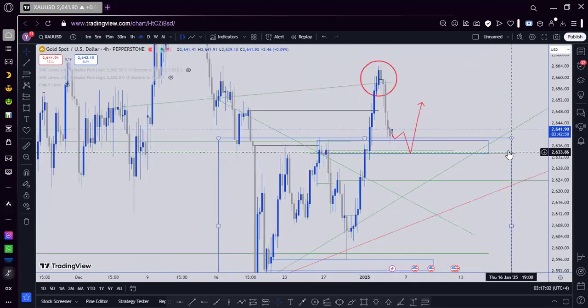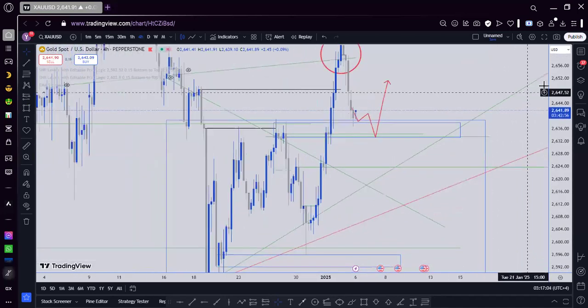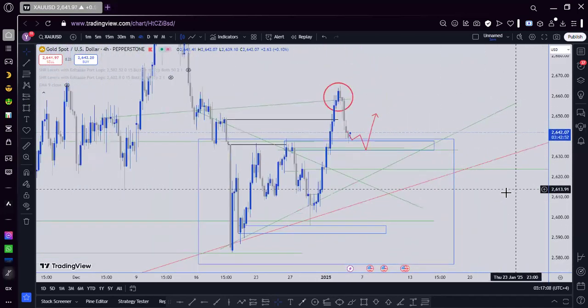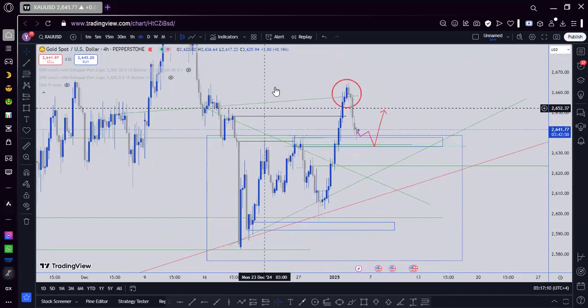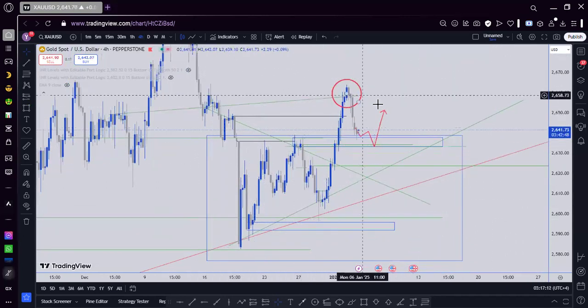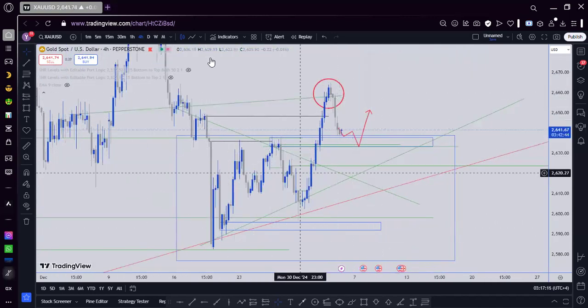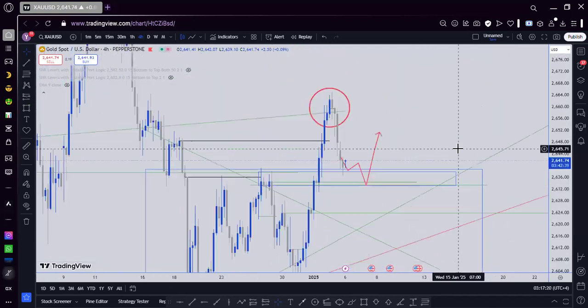But you have learned all the knowledge that will give you the advantage to understand what the market is doing. Always take it simple. It's always simple and easy.